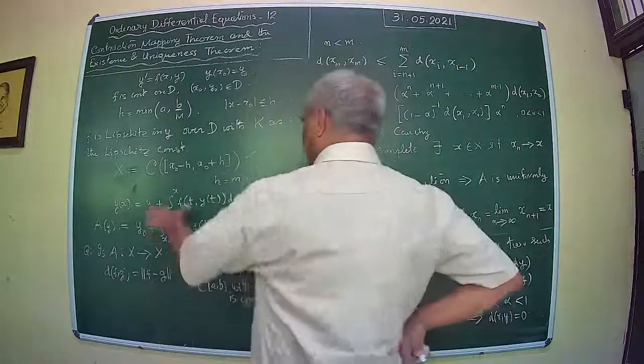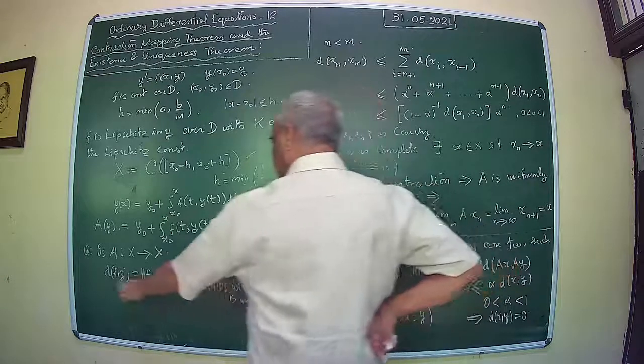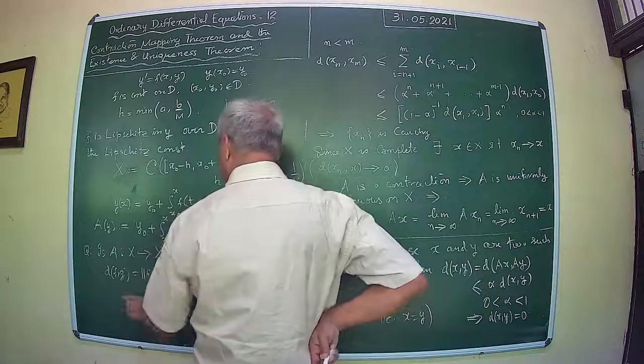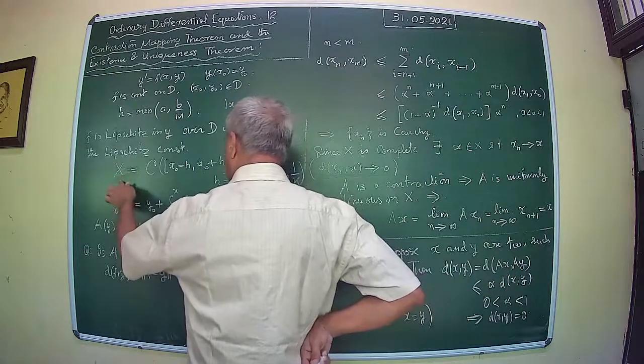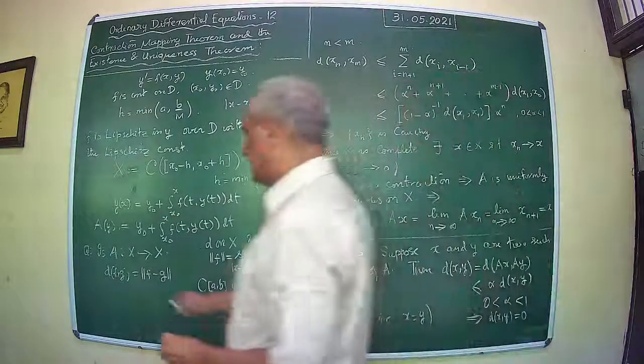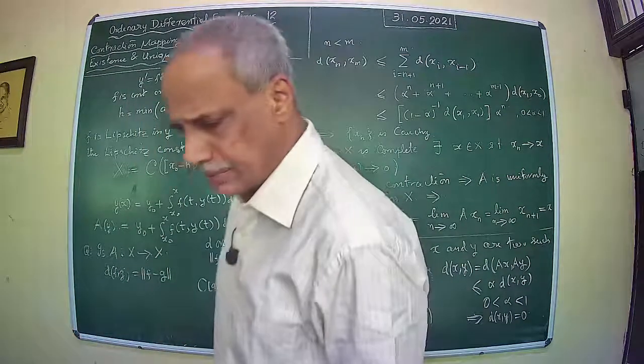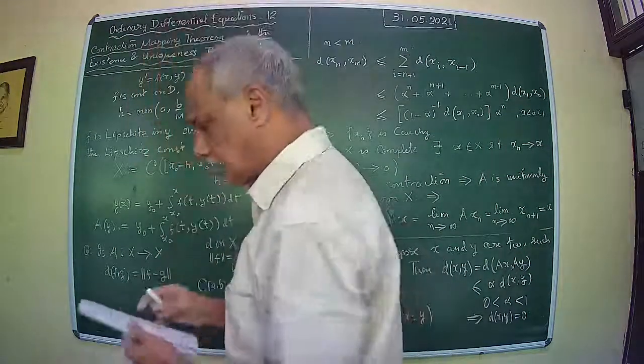So this is your X on which you impose the sup norm, and then this is the metric that you choose. Then X is a complete metric space. Now you ask the question, is A a map from X to X? Let us see whether it is true.